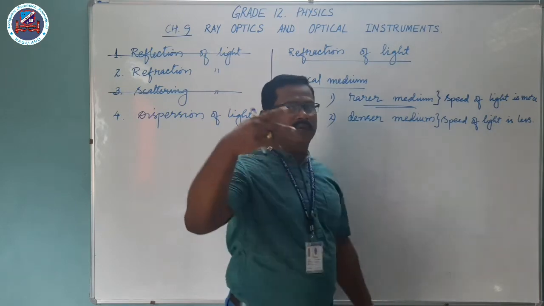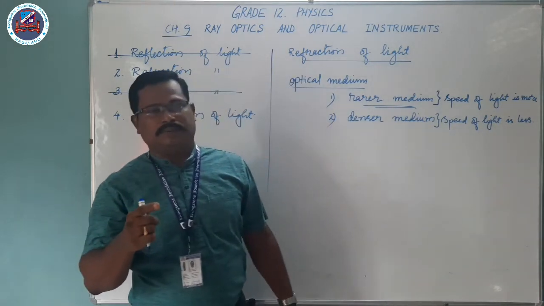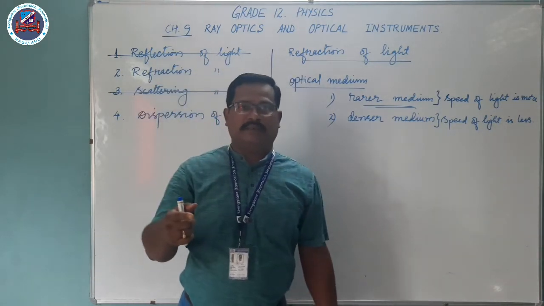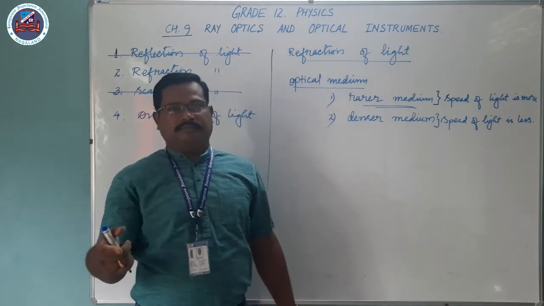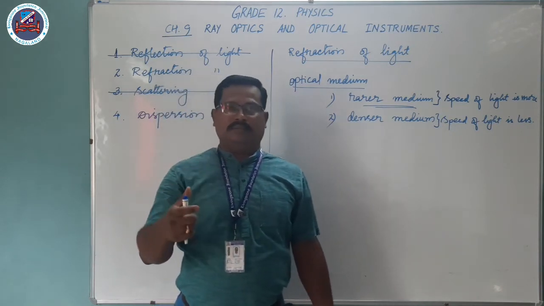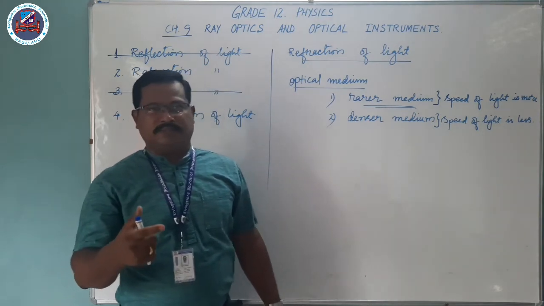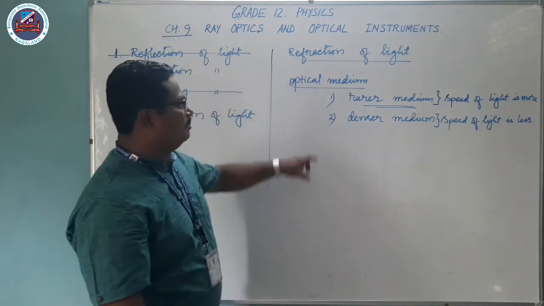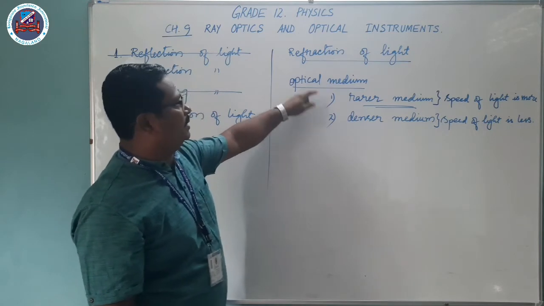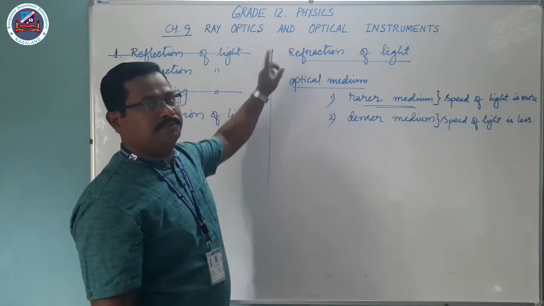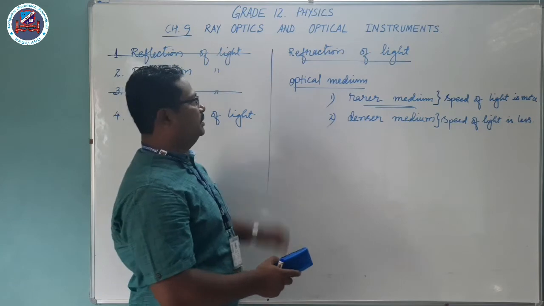So whenever two media come, in which medium the speed of light is more, that medium is called rarer medium, and in which medium the speed of light is less, that medium we call denser medium. Now this concept you have to keep in mind while studying about refraction. Now let us see what is refraction.